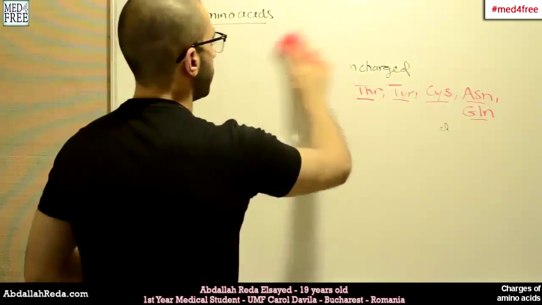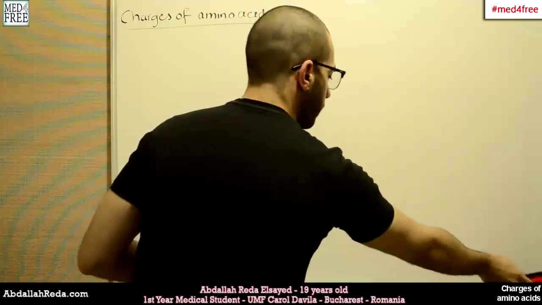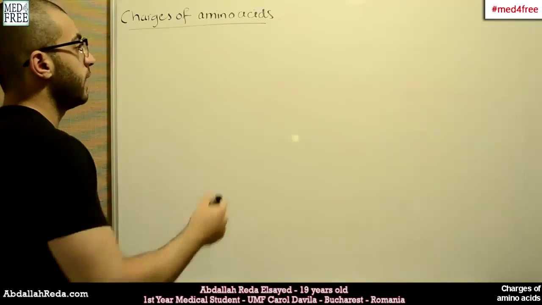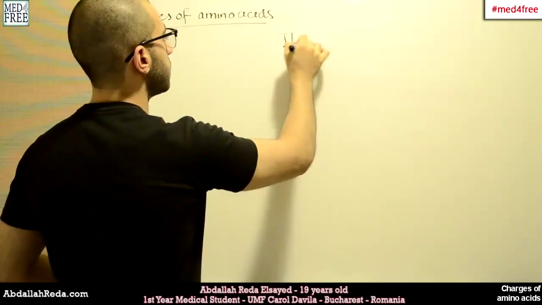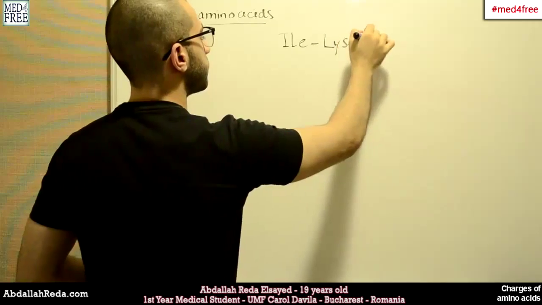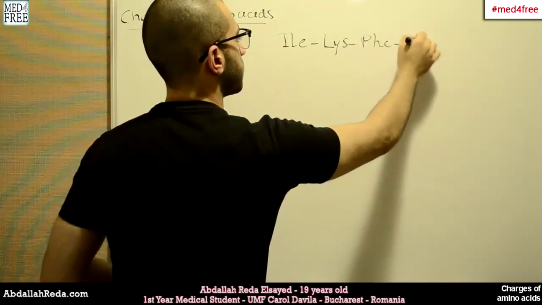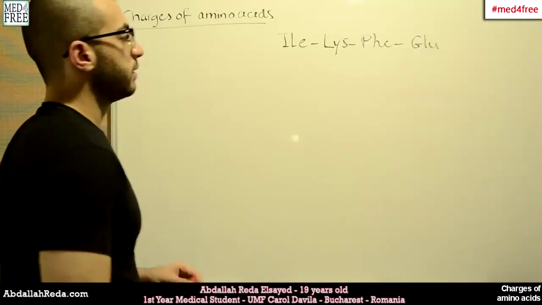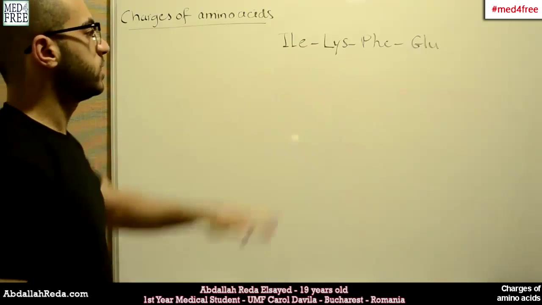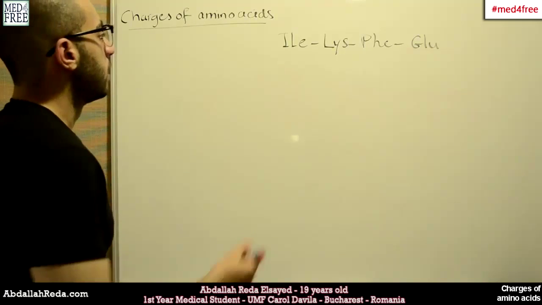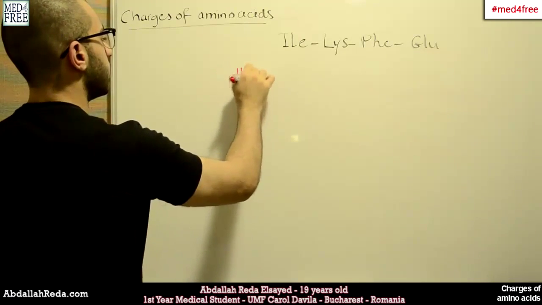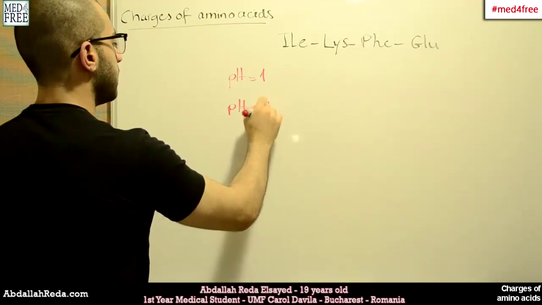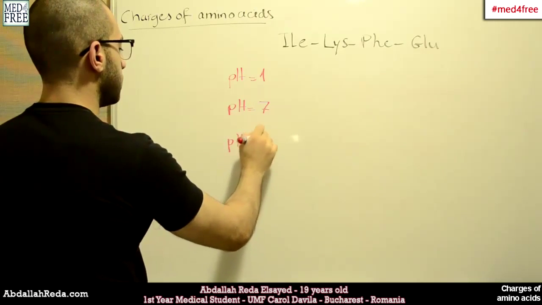Now we will have an example to show how the charge changes. Let's suppose that we have a peptide chain like this. And we want to calculate the total charge of this peptide chain throughout different pHs, like pH 1, pH 7, and pH 10.